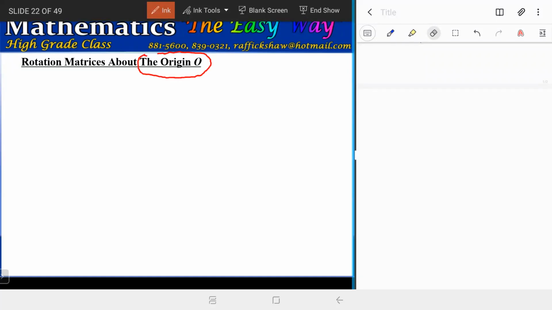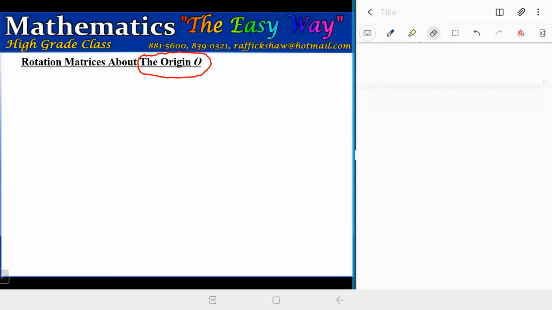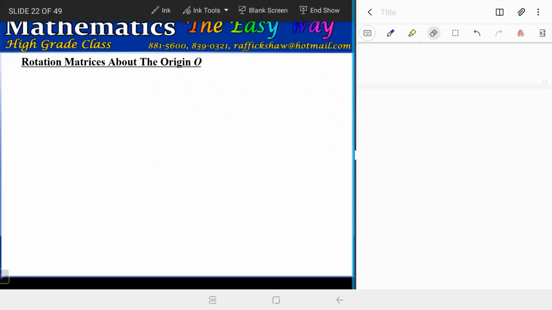So if a rotation is taking place about a point that is not the origin, you have to do it a different way. You cannot use this one. So this is for rotation about the origin. That's an important thing to note. These matrices are for when the center of the rotation is the origin. So let's look at those matrices now.